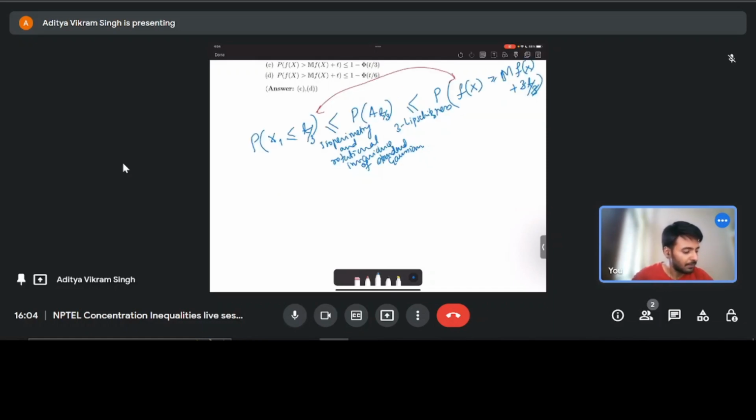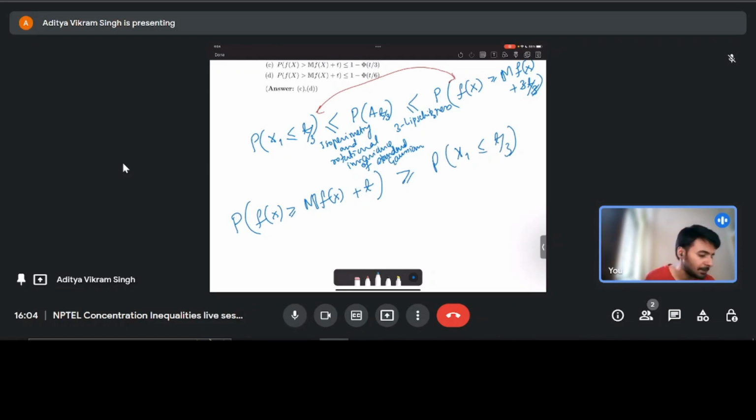All the inequalities are in the consistent direction. So we have the probability of f(x) greater than or equal to the median of f(x) plus t is greater than or equal to the probability of x1 less than or equal to t/3.